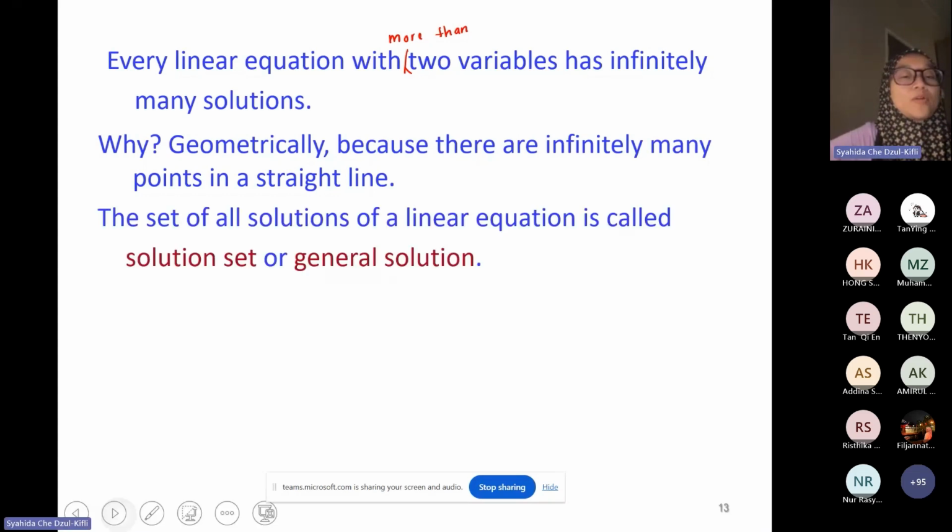Okay, all right. So, since it has infinitely many solutions, there are infinitely many points with n-tuple.